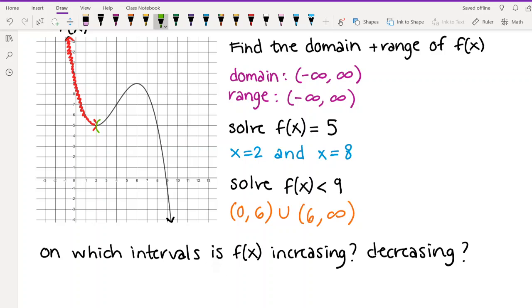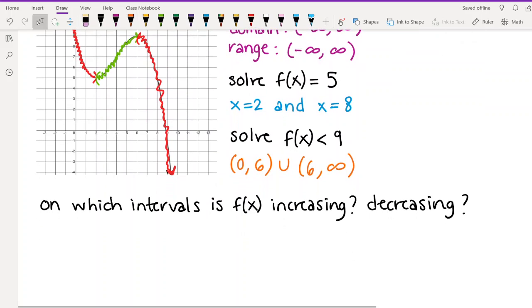So again, at 2, it's neither increasing nor decreasing, right? It's flat, but right after 2, it starts increasing, going up, going up, going up, and then it flattens out again at 5. Or sorry, at 6. I keep misreading it. And then at 6, it changes again, and now it's decreasing, and it just keeps decreasing for the rest of the graph.